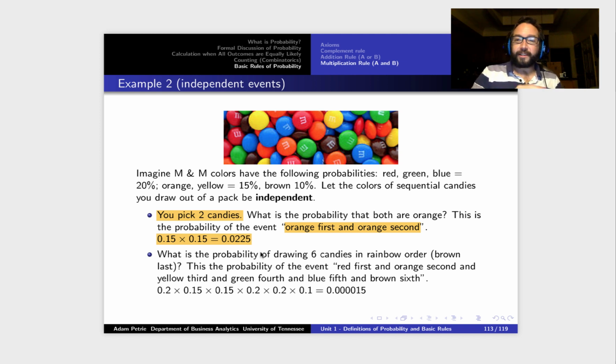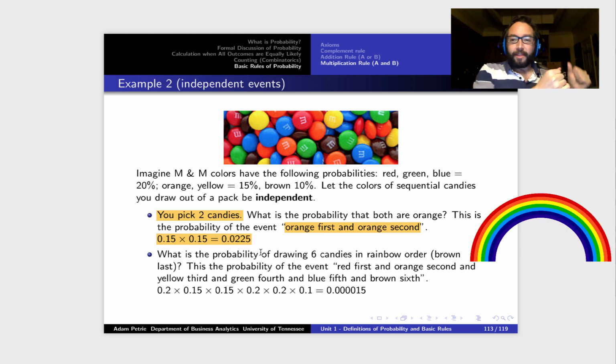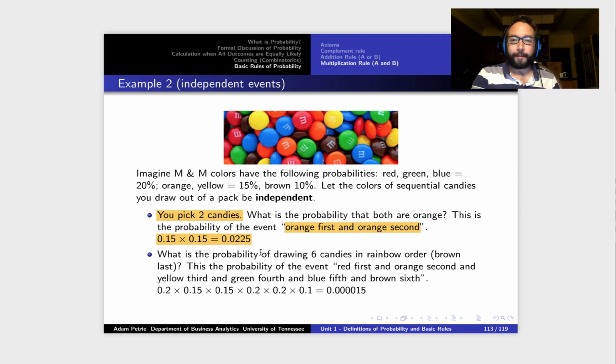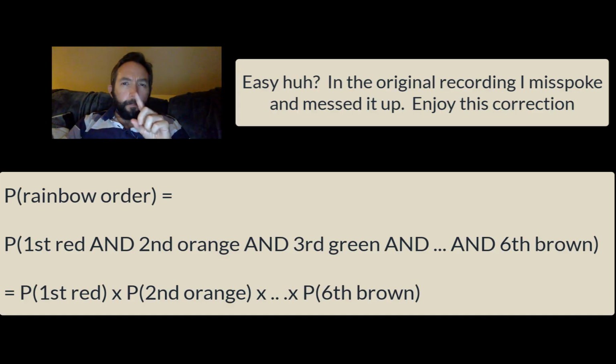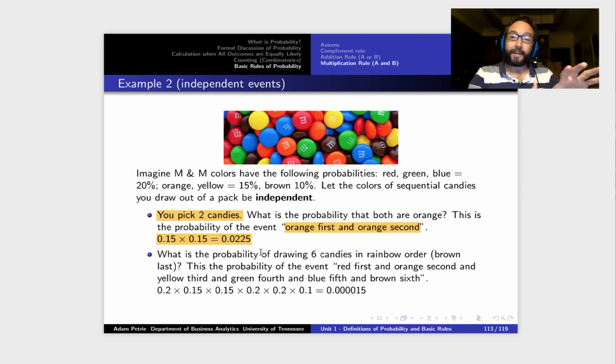All right, well, let's encroach into Skittles territory. What's the probability that we would pick out the colors in a rainbow order? Basically red, then orange, then yellow, then green, then blue, and then brown as the 6th and final M&M. If all the colors are independent, it's a pretty easy question. Those 6 different events are all independent, so we multiply the component probabilities.